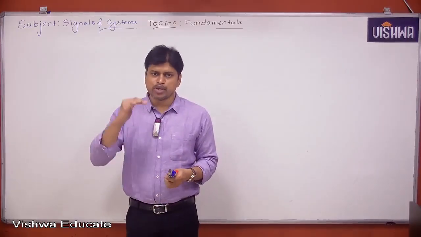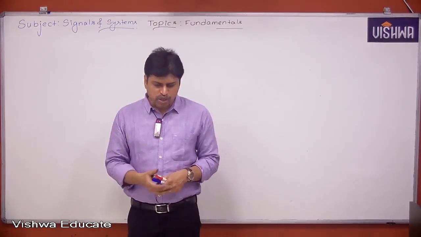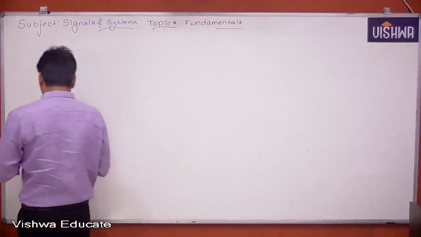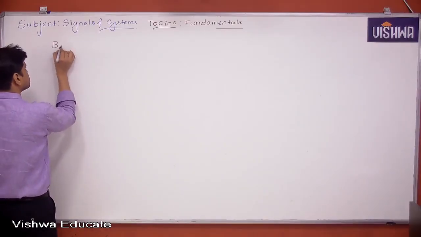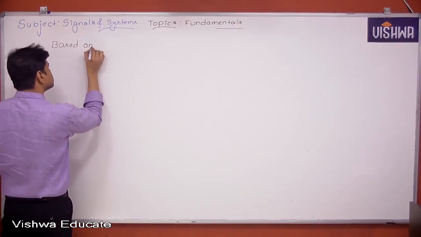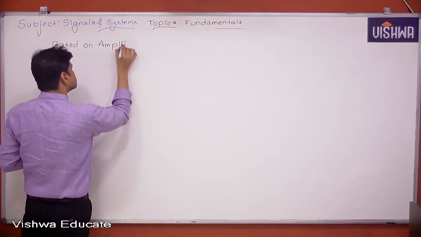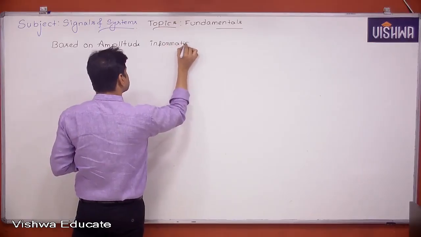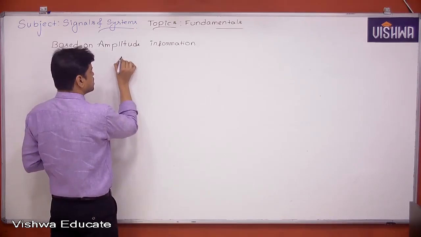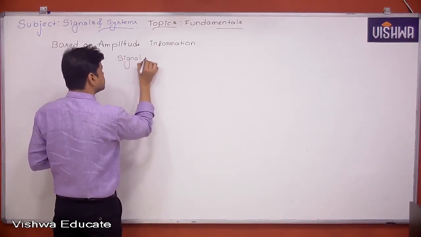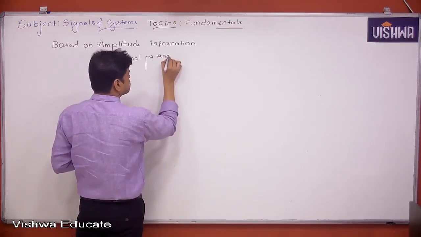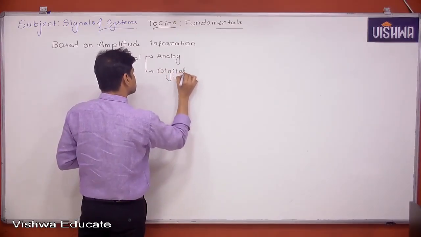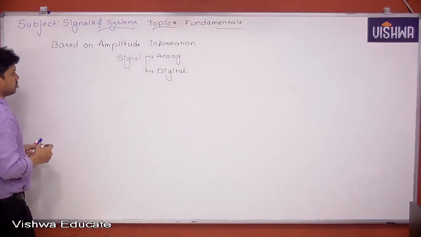Now if I check the amplitude, that means the y-axis information, based on the amplitude information we can classify the signal into analog signal and digital signal. First, try to understand what you mean by analog signal.